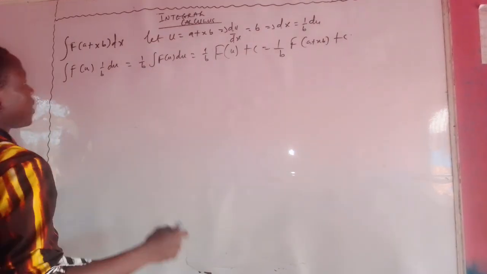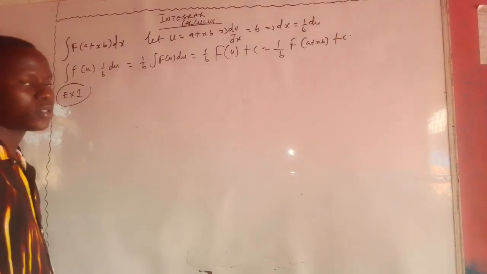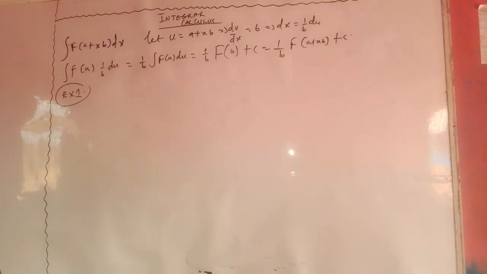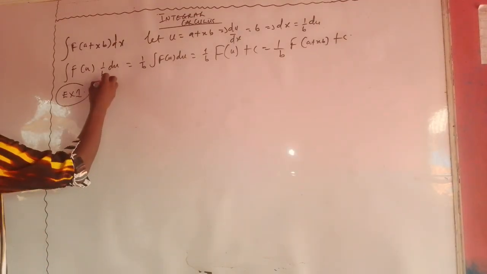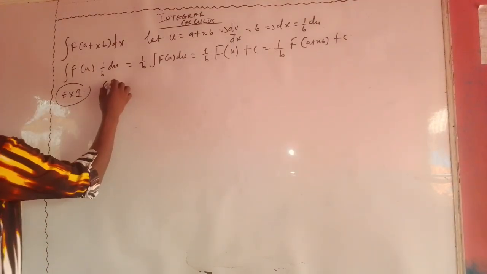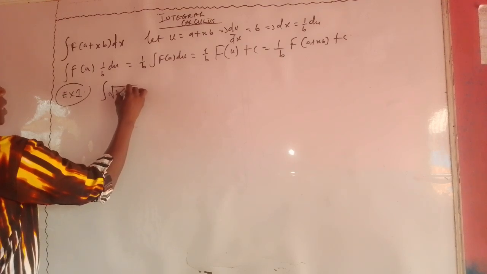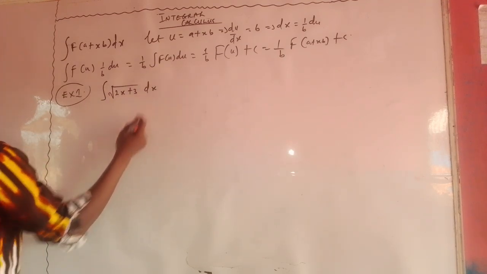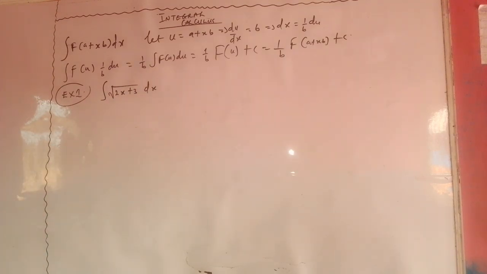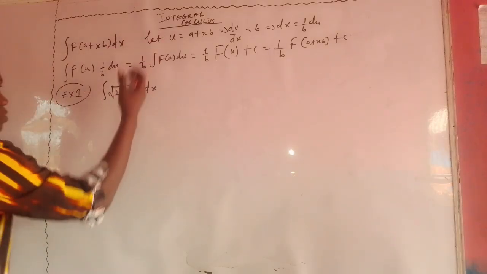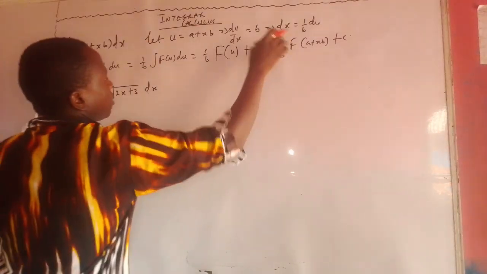Then we are going to do some examples using this particular property. Now, example 1. I will do 2 or 3 examples on this property. Let's say we have the integral of the square root of 2x plus 3 dx. How do we integrate this? You make use of the same method that we did here.